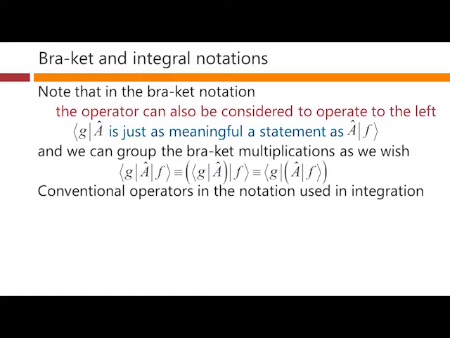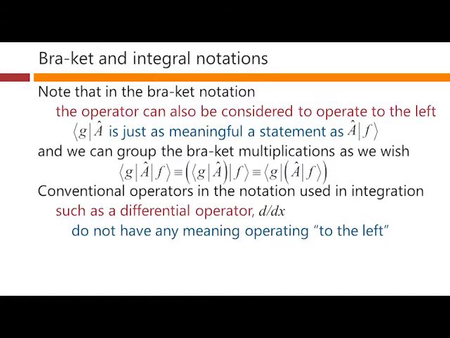It makes no difference. Conventional operators in the notation used in integration, however, such as a differential operator d by dx, don't have any meaning when we think of them operating to the left. They only operate to the right.